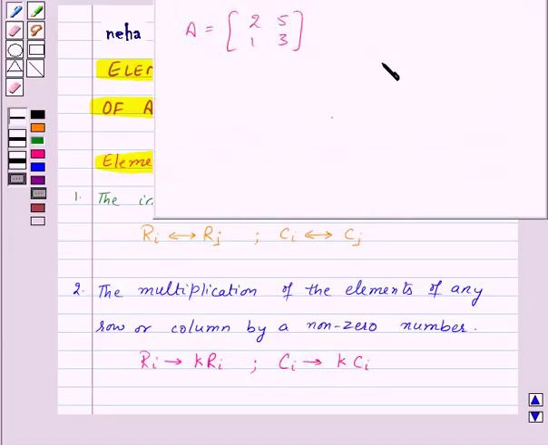For example, if in this matrix we change C2 to 2 into C2, then we will get A as 2, 1, column 1 will be as it is, there will be changes in C2, so this will be 10, 6.